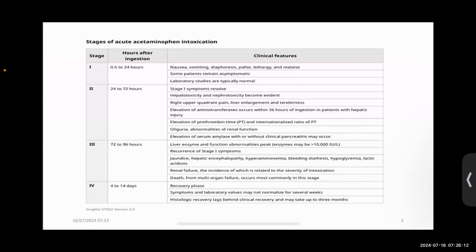Here, the liver function values are at very high risk and severe, greater than 10,000 international units per liter. All the different symptoms of all the previous stages are present here with multi-organ dysfunction. And if not taken care of, the patient could die here.